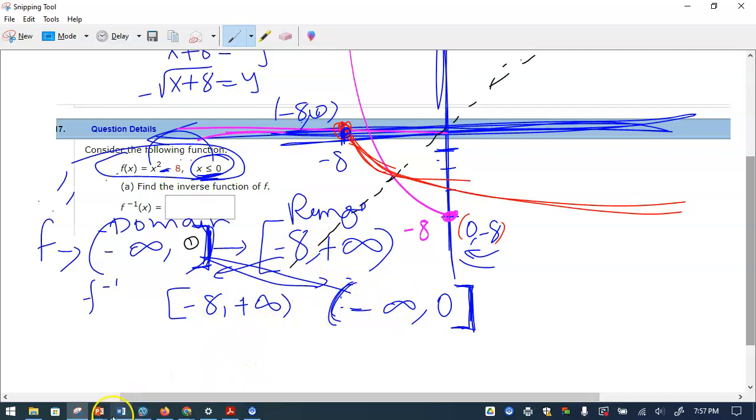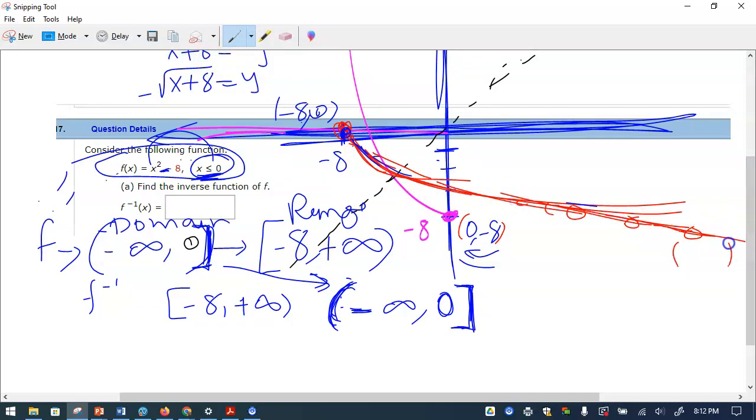So this domain becomes the range here, minus infinity to 0. That's because this graph, the square root function, is like this. This goes all the way down. Down means this takes very large negative values, so almost they become minus infinity, and that's why you see this range.